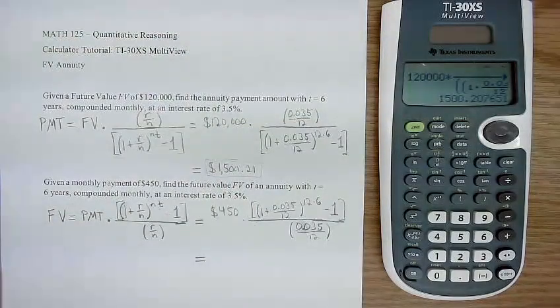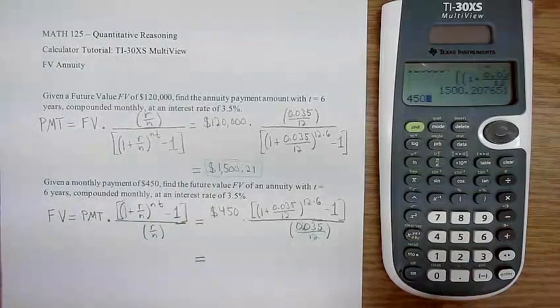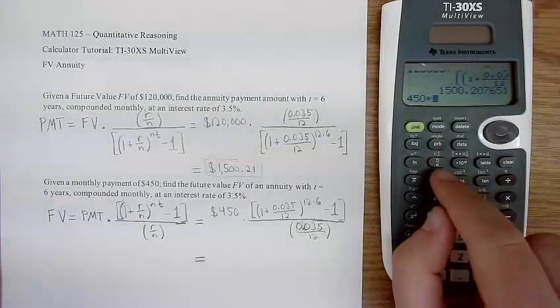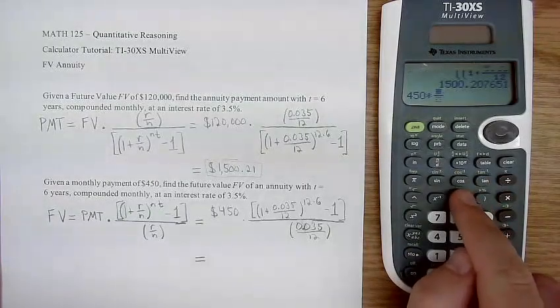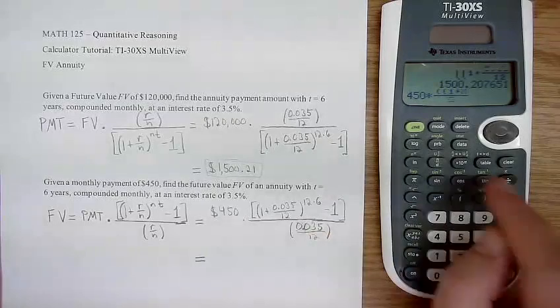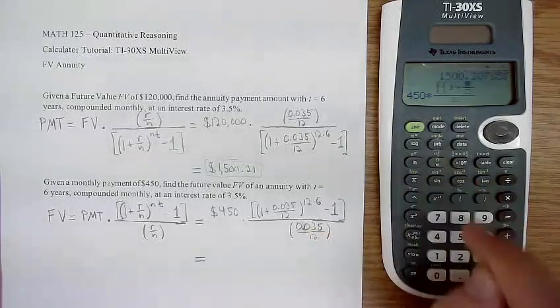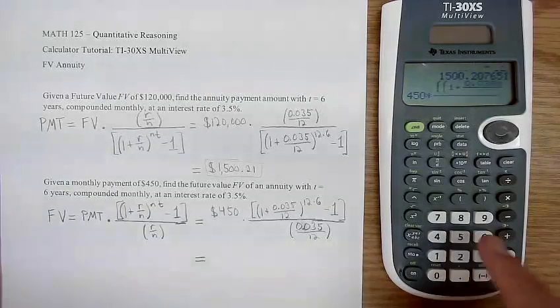So again, how do I put this into my calculator? I'm going to first put in the $450 payment times, and now I have another fraction, so I'm going to use my fraction button, the N over D. I'm going to put in my 2 parentheses, and I'm going to put 1 plus, I have another fraction, so I'll use the N over D, the fraction button. I'll put in my rate, the 0.035.